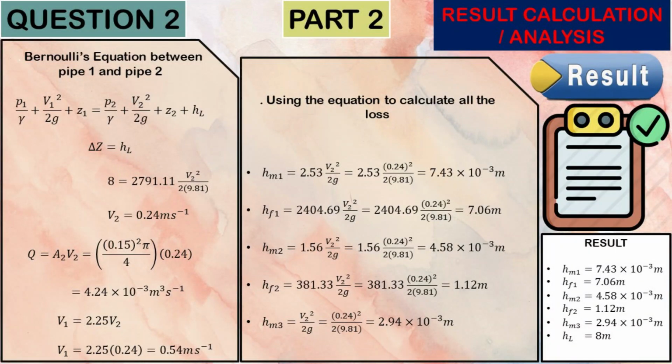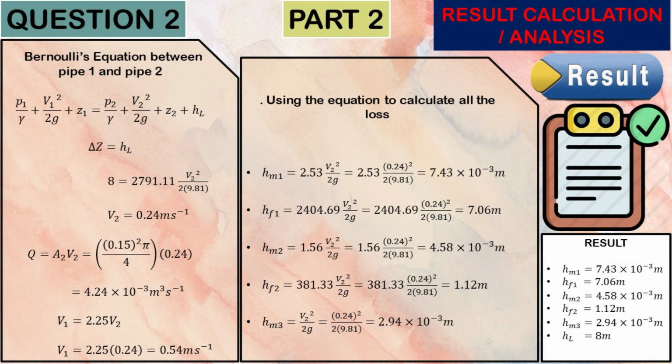Through the Bernoulli equation between the two pipes, we can get the rate of flow as 4.24 times 10 to the power negative 3 meter cubed per second.